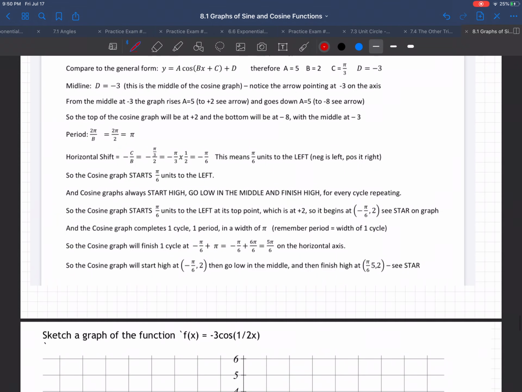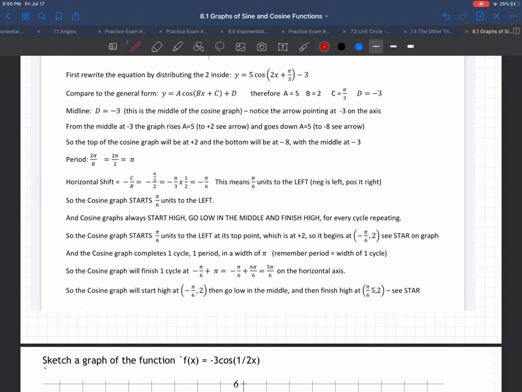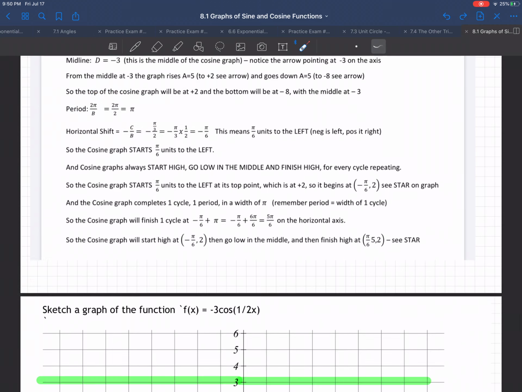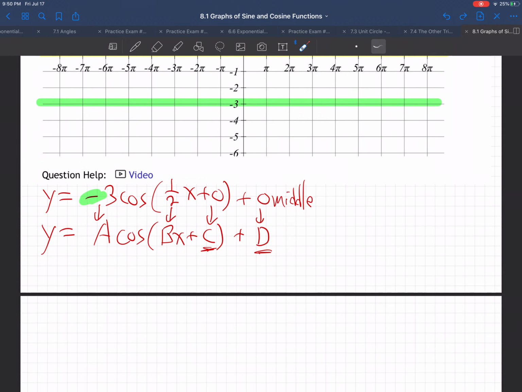What's next to find? So we've got the top and the bottom. And now we go to the period, which is, formula's right here, 2 pi over b. So the period is 2 pi over b, and our b is a half.